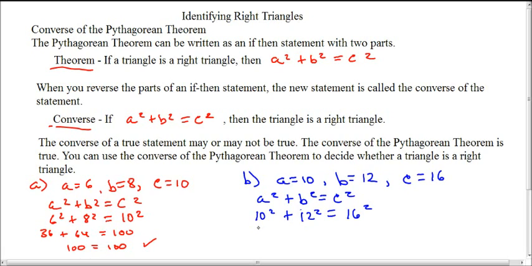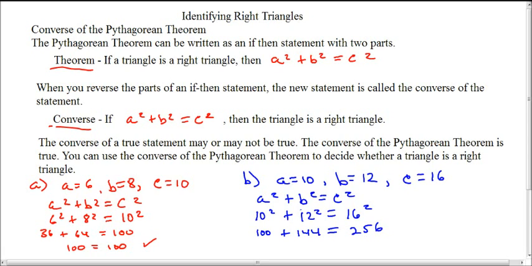Well, I know 10 times 10 is 100 plus 144, and that must equal whatever we can look up on our perfect square chart, where 16 times 16 is equal to 256.